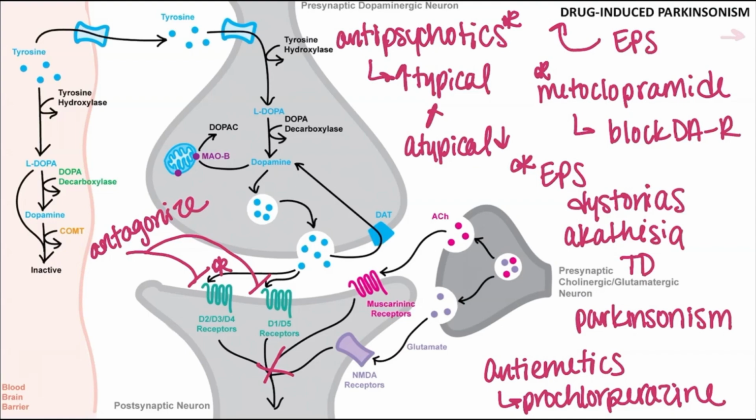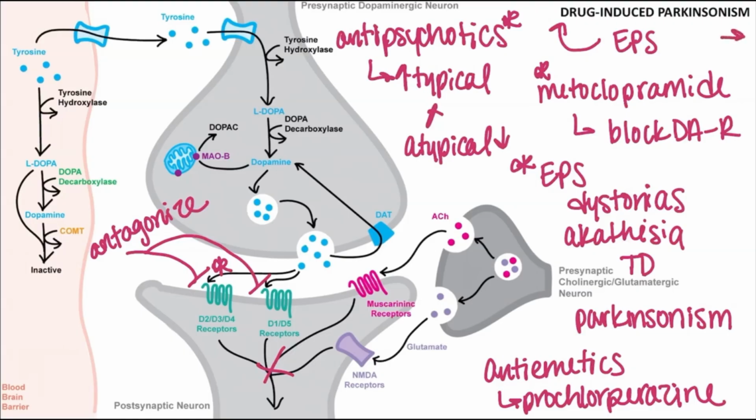Now, there are a number of other agents that when combined or in certain patients may lead to EPS, but generally metoclopramide, our typical antipsychotics, and some antiemetics are the most common inducers of EPS. And this discussion is important for this week because a patient presenting with Parkinson's-like features should have their medications reviewed to ensure that this is a presentation that's not due to one of their medications that may have either just been started or the dose increased, or there's some other pharmacokinetic explanation.